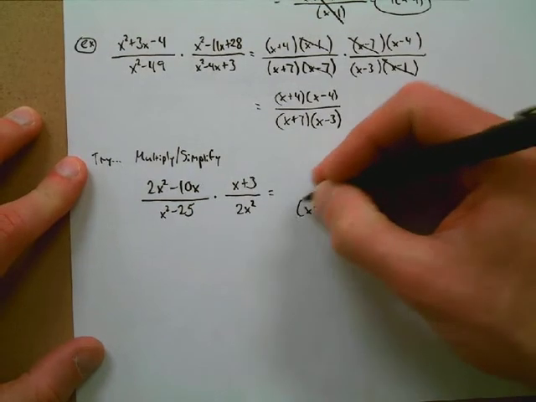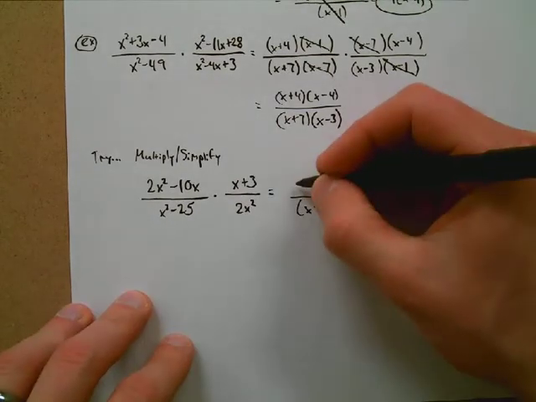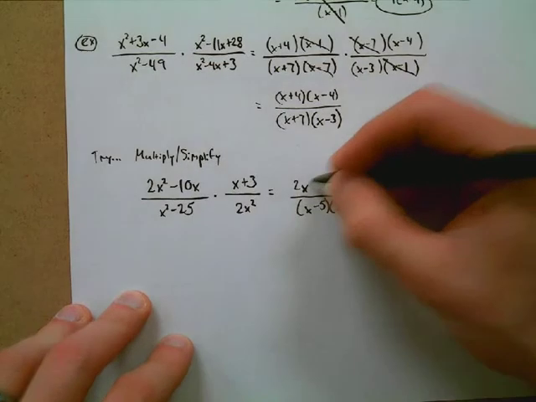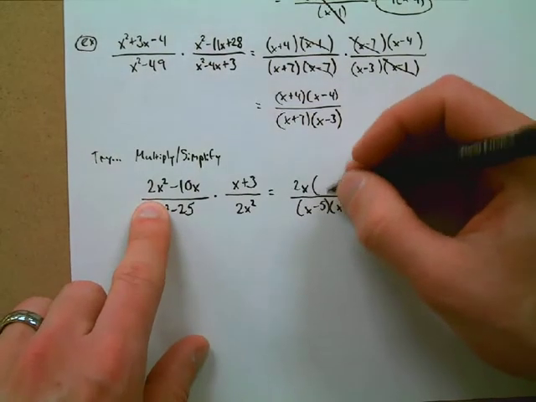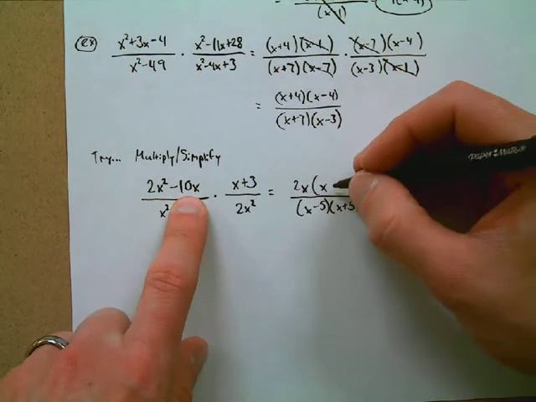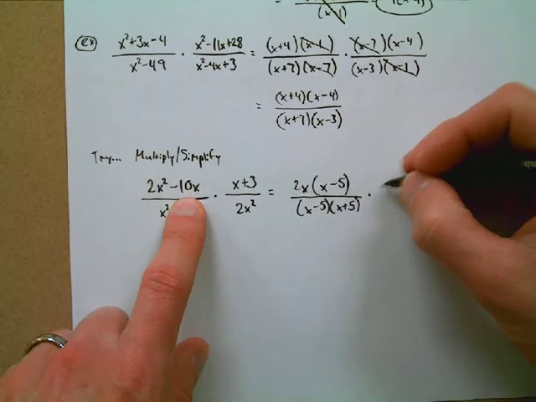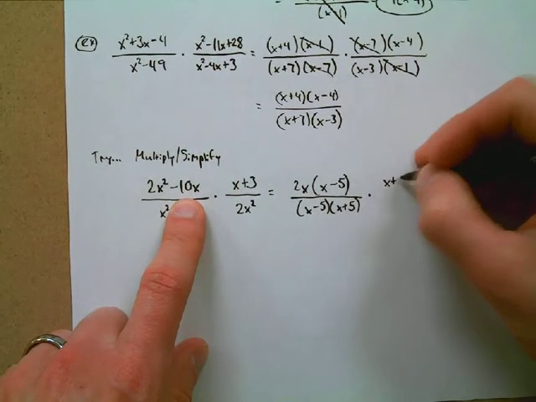What about the numerator there? I see a GCF. What can we take out of that numerator? Yeah, 2x. If we take a 2x out of the 2x squared, what will be left behind? x. And take a 2x out of the minus 10x, we're left with minus 5. There we go. That's going to be helpful too. Then we have the x plus 3 and the 2x squared.